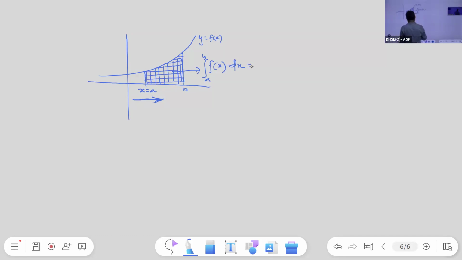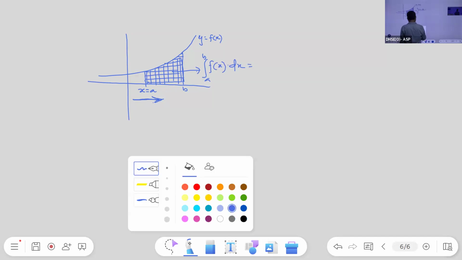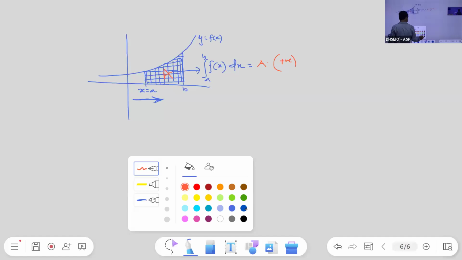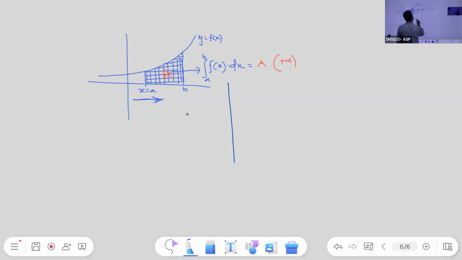Let this area be A. So this is equal to A, which is positive. Okay. Take another case. This is case 1.